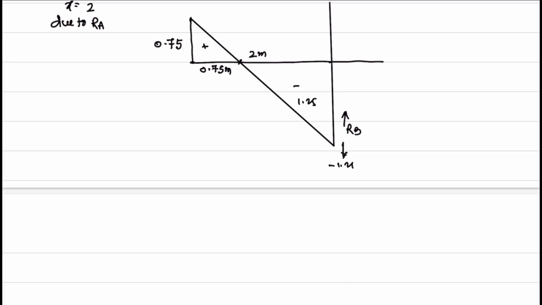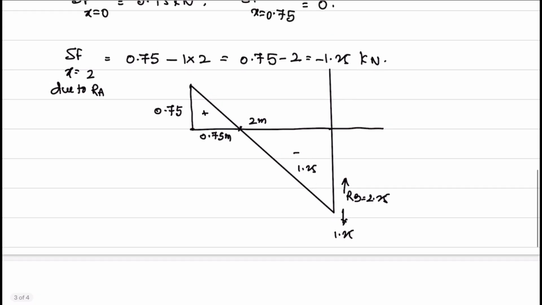When we put the arrow, it will be positive. That means the net force will be 1.0. And at C there is no support, hence the shear force is 0. This is 1 meter. This is the shear force diagram.